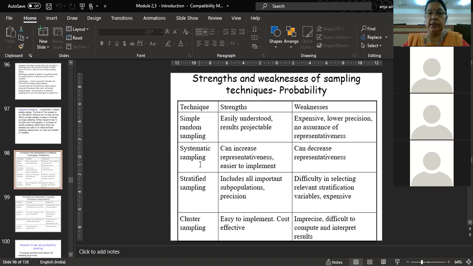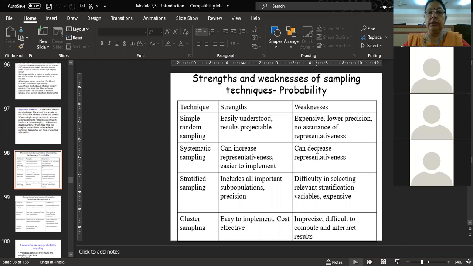Then systematic sampling. Systematic sampling is in a very systematic way. You are taking a sample from the population, so you are covering the population evenly, and you will get a more representative sample from the population. It is easier to implement.